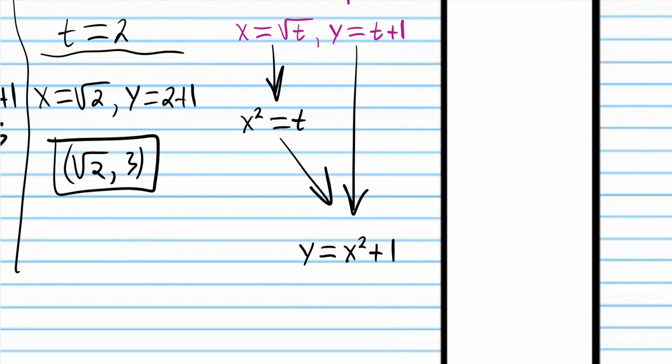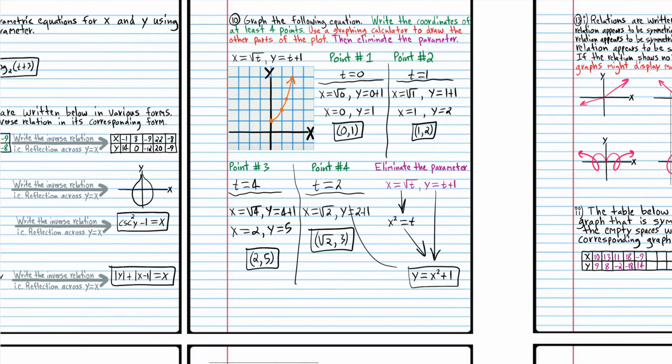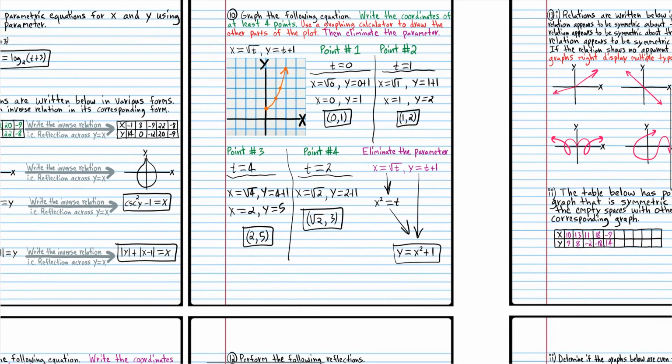Technically, this is the whole graph. There's no restrictions on this. This is the entire parabola. Whereas with our parametric equations, we're not graphing the entire parabola, we're only graphing half of it. But again, as long as you understand that, I don't care if you write y equals x squared plus 1.